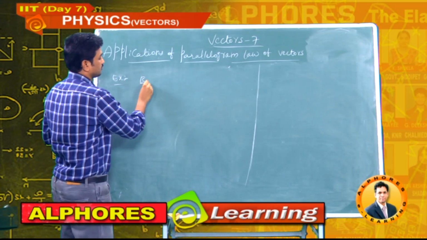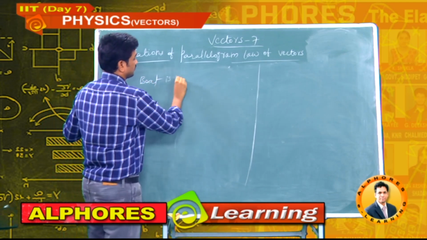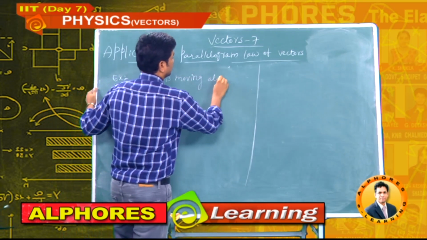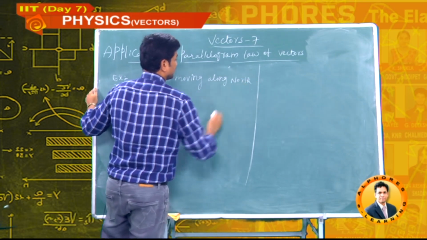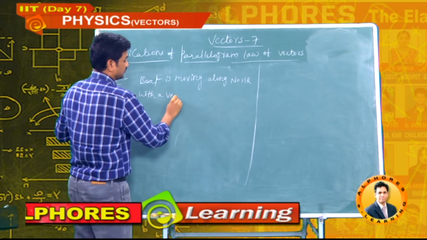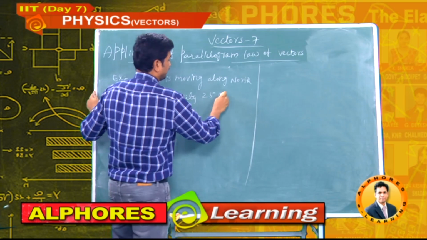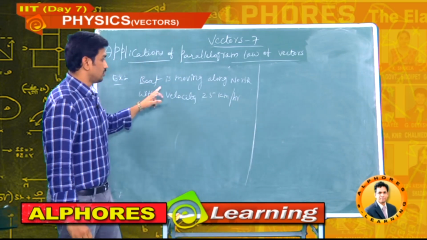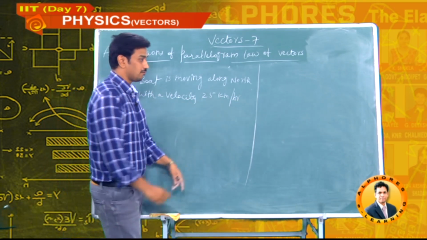See, a boat is moving along north with a velocity of 25 km per hour.